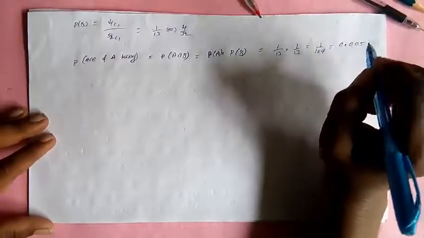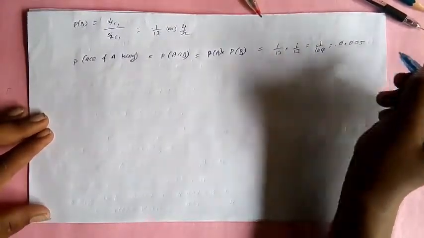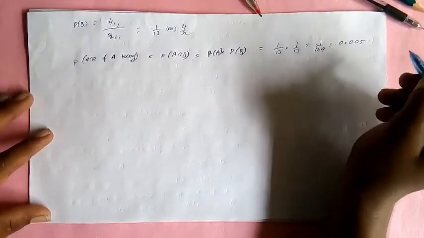That is only a 0.5% chance of picking an ace and a king from the 52 cards.